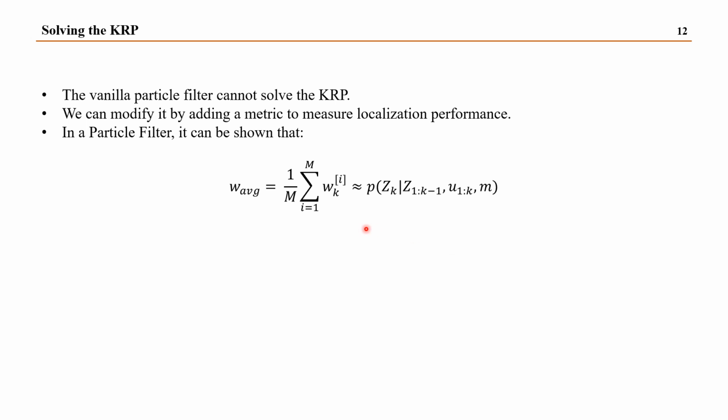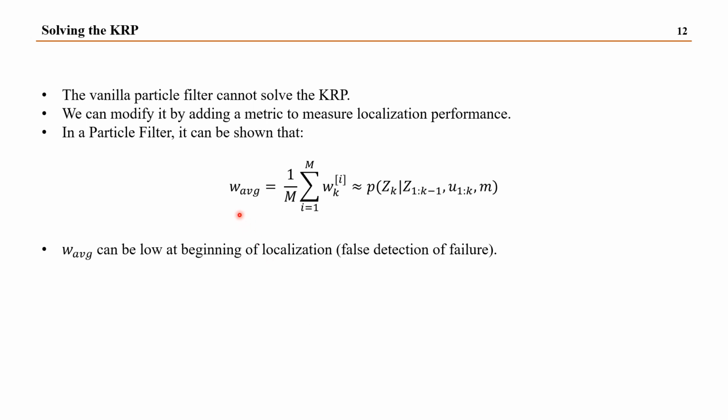The measurement likelihood says how well the measurements at the current time step correlate with what we saw earlier, the motion commands and the map. So this would serve as a good metric to measure how well we are doing the localization process. Because if we start seeing gibberish kind of measurements, then that means that we have completely lost our sense of location.